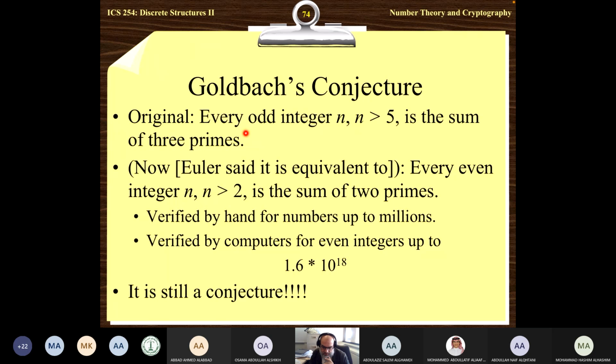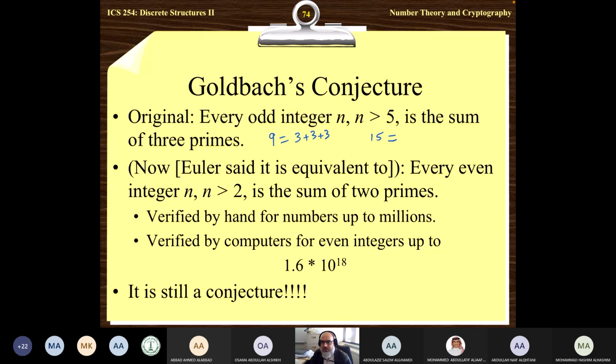So, for example, 9. 9 is odd, right? 9 is equal to what? Some three prime numbers. 3 plus 3 plus 3. Okay, 15 is odd, right?